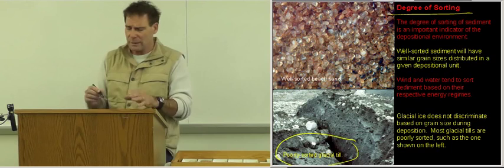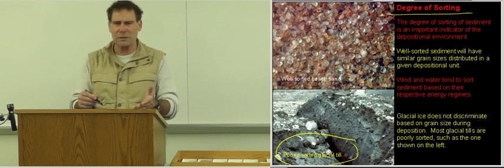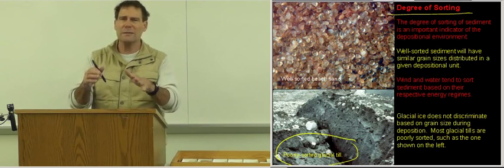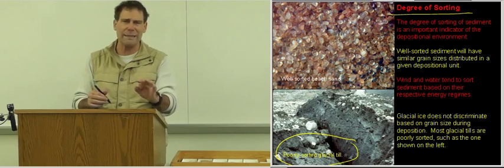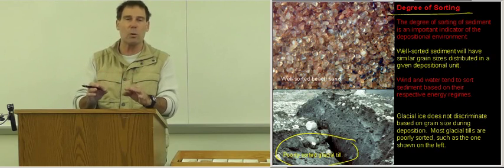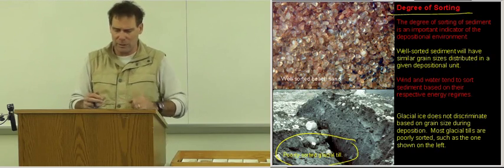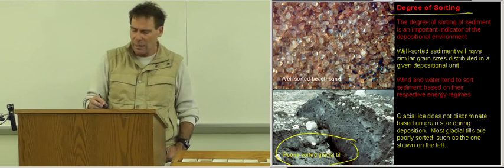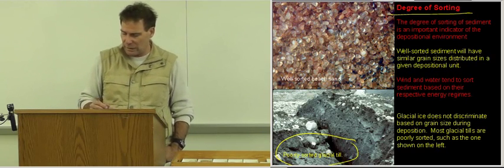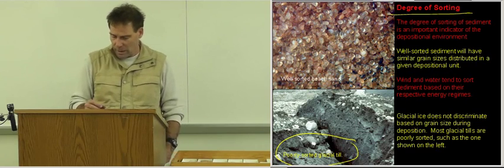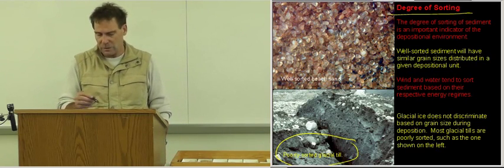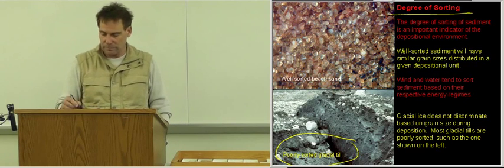It will not transport sediment and deposit it according to grain size. When ice melts out, it will drop a clay-sized particle right beside a boulder, and that will get laid down. And so glacial sediment, glacial till, tends to be poorly sorted, as you see in the bottom photo on the left-hand side. So that is degree of sorting.